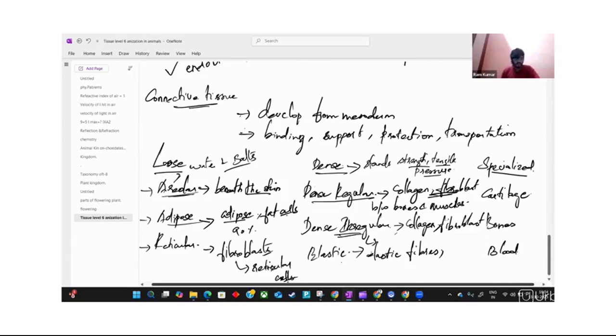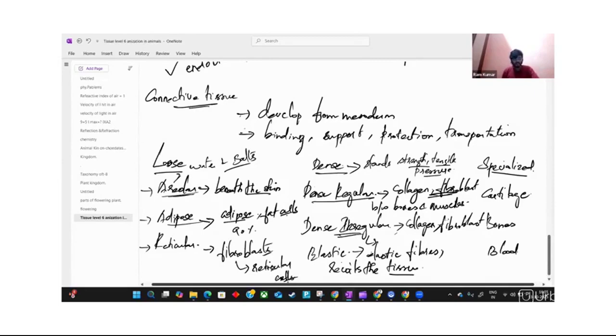Now, elastic connective tissue, which contains elastic fibers. After stretching, it recoils the tissue back to the same place.